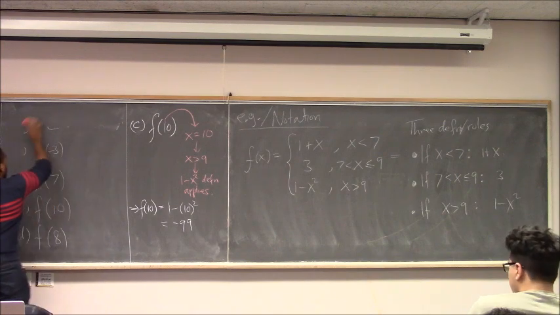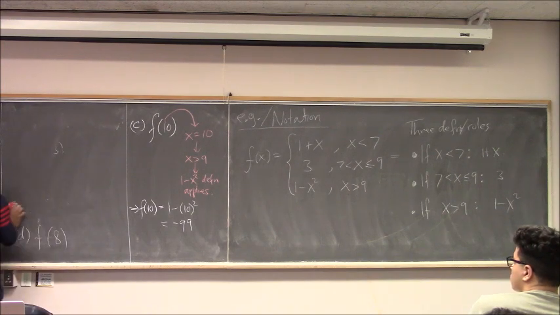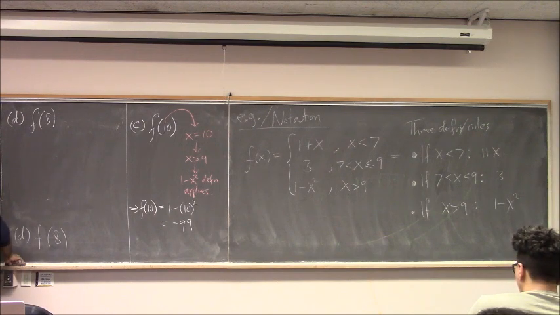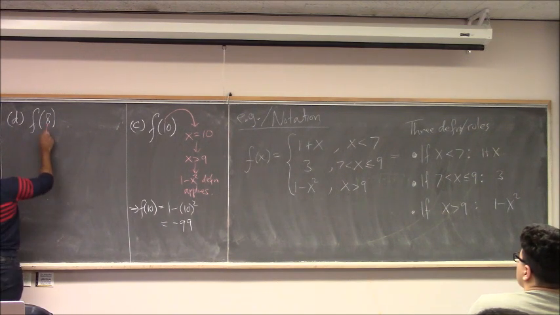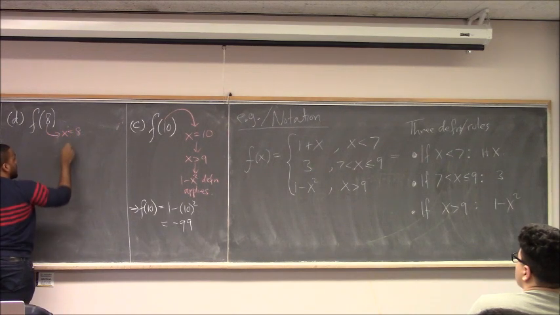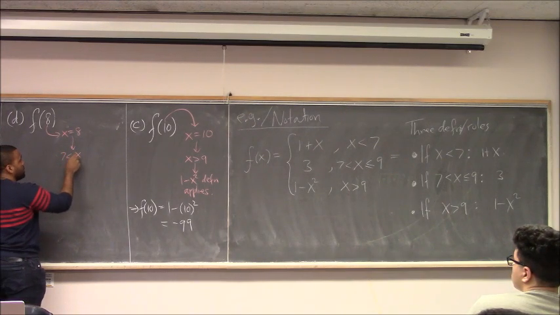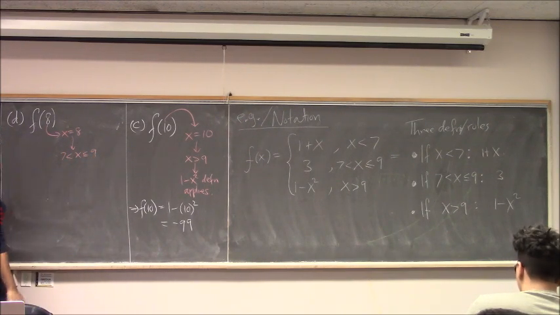Similarly, if I asked you the f of 8, so you read that, you immediately realize, oh, this means x equals 8. This means what region does it fall in? Well, 8 happens to be strictly between 7 and 9.